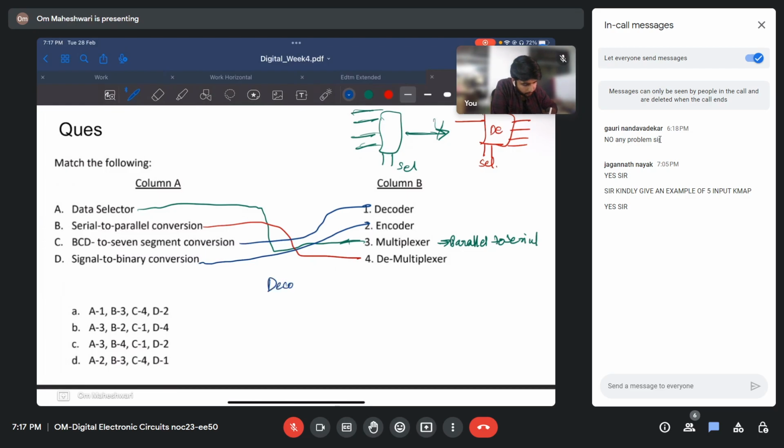Let's say in a decoder we have some inputs, enable, and let's say A and B are inputs, and we have multiple outputs Y0, Y1, Y2, Y3, depending on these 0, 0, 0, 1, 1, 0, 1, 1.